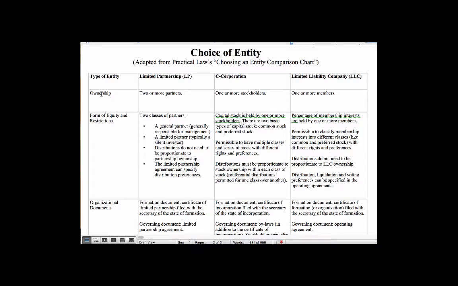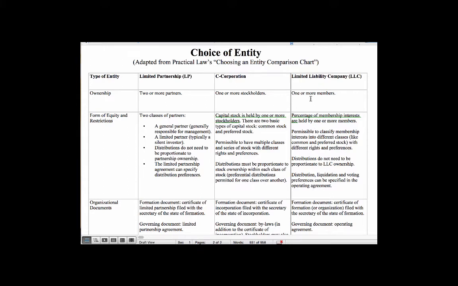So who are the owners of each of these entities? A partnership, we know, is formed by two or more persons who've come together to pursue a business for profit. So we have these people called partners who are the owners. In corporations, you have one or more stockholders or shareholders, depending on what the state statute calls the evidence of ownership, stock or shares.